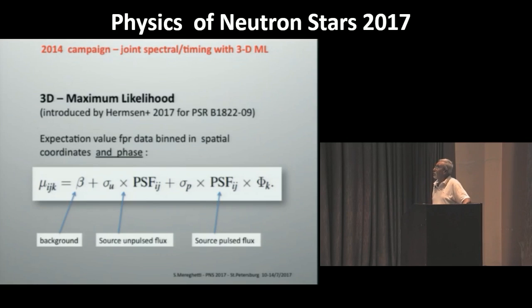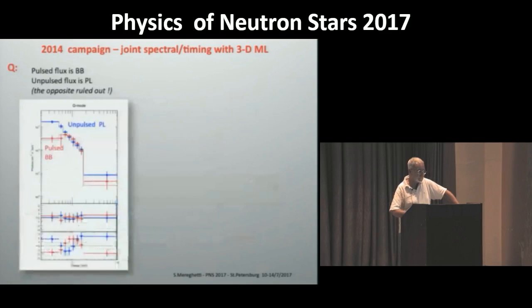In this way we can simultaneously extract the spatial and temporal information, and if we do this for different energy channels, we can extract simultaneously the pulsed and unpulsed spectra. And in this way, we found that the pulsed flux in Q mode is fit by a black body. This is the red spectrum here. The unpulsed flux is fitted with a power law.